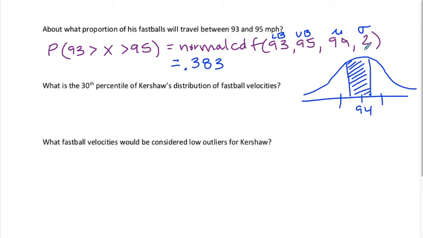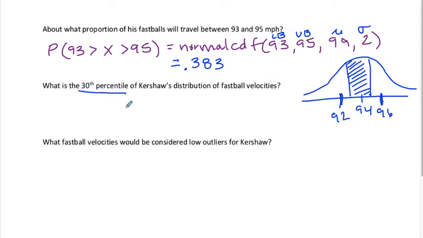It's right at the center of our distribution, and it should be a considerable amount, because if we go all the way down to here where we're at 92 and 96, that would be our 68%, capturing it using the empirical rule. On the next part, it says, what is the 30th percentile of Kershaw's distribution of fastball velocities?